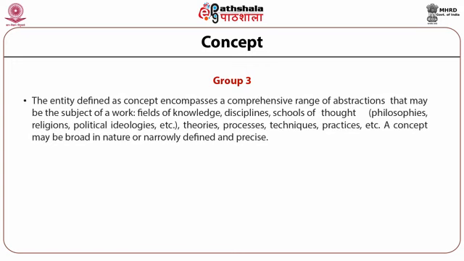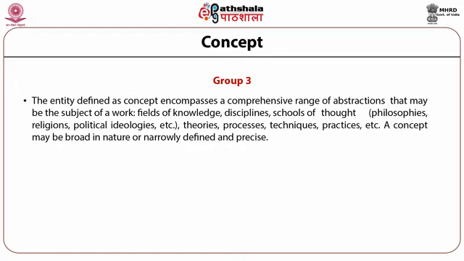Now, the entity defined as concept encompasses a comprehensive range of abstractions that may be the subject of a work: a field of knowledge, or you can say discipline, subject, field of knowledge, all have equal meanings, or school of thought. Which subjects are called school of thought?